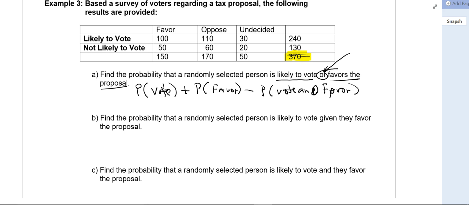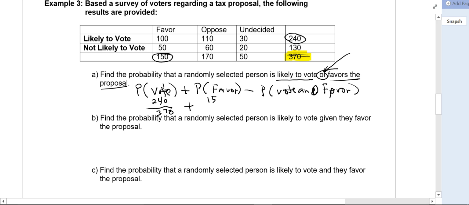The probability that they vote, well, there's 240 that vote out of 370. The probability they favor, the number that favors is 150 out of 370, minus they vote and they favor.